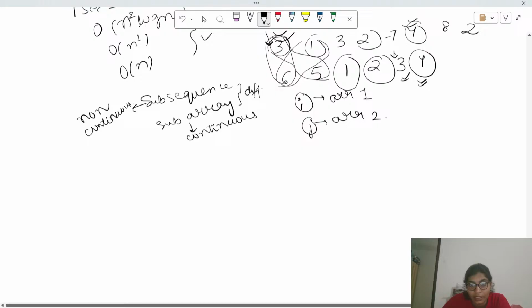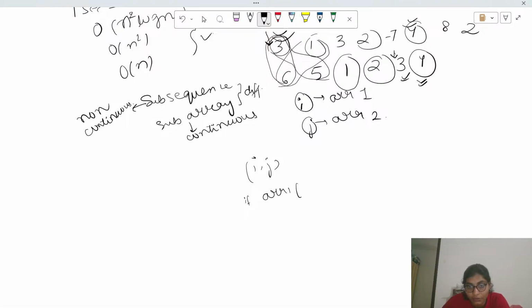So at any i comma j, if array 1 of i is equal to array 2 of j, then we got one element, right? I mean, one element will be added to the answer.